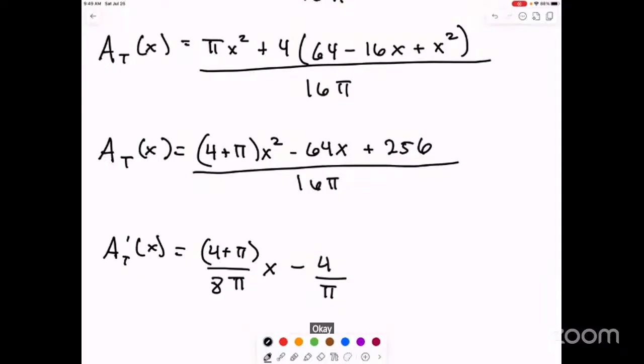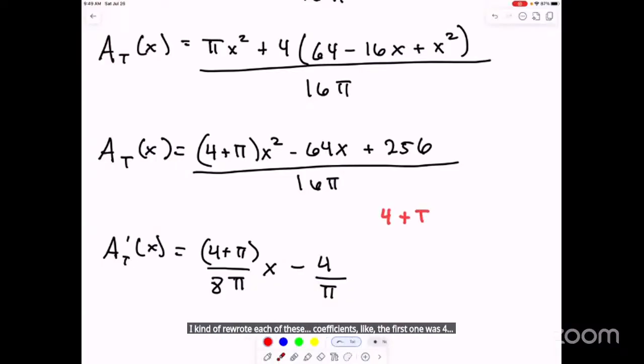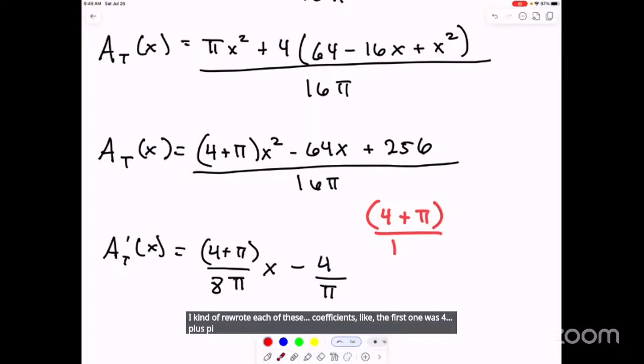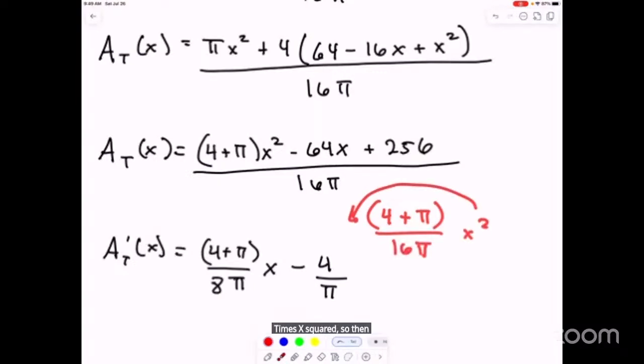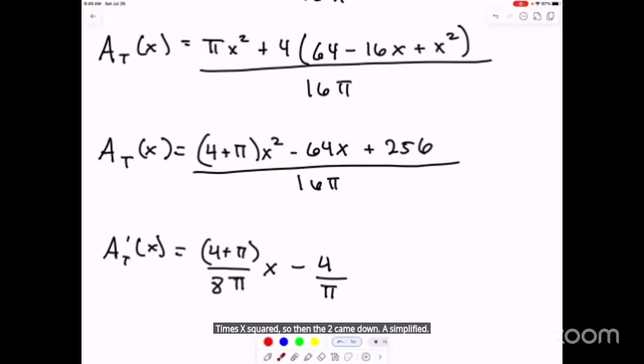Essentially, what I did that I didn't say is I rewrote each of these coefficients. The first one was 4 plus pi over 16 pi times x squared. Then the 2 came down, I simplified, and it turned into 8 pi. That's where that came from.